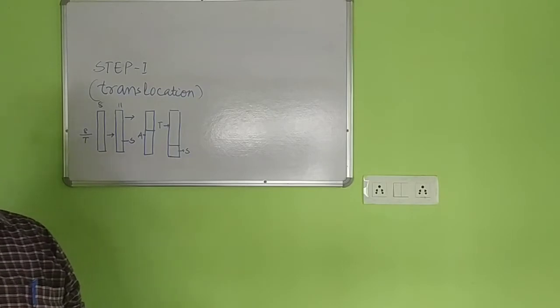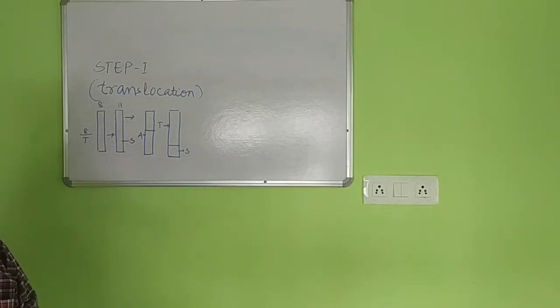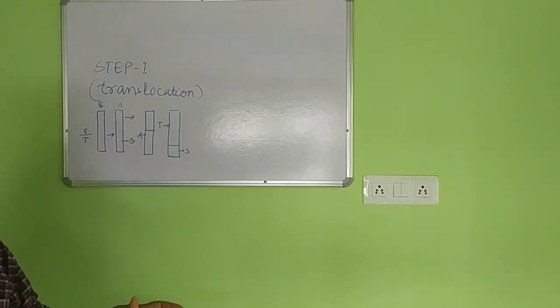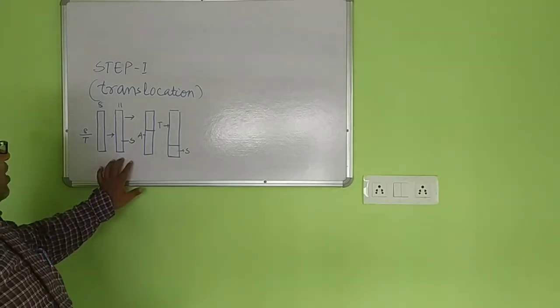Okay, and that is called your translocation. Generally, they can change the locality. The segment will be changed, and that is generally accomplished in step 1. That is called translocation.